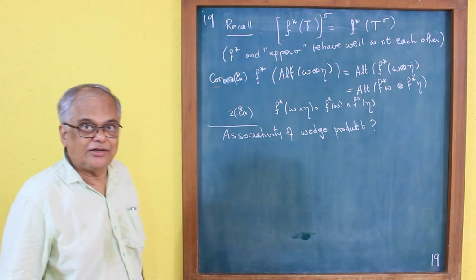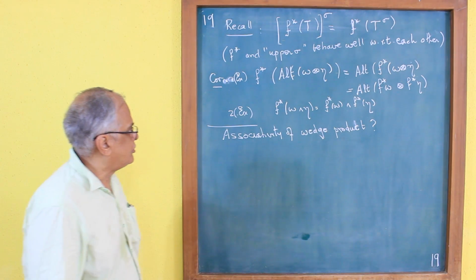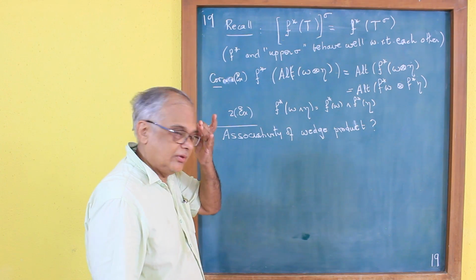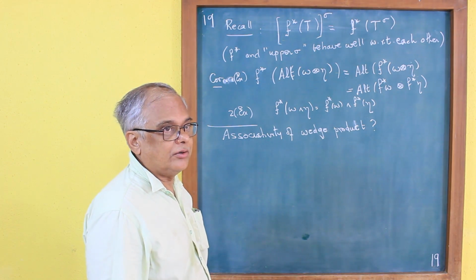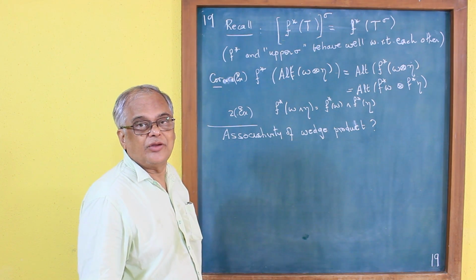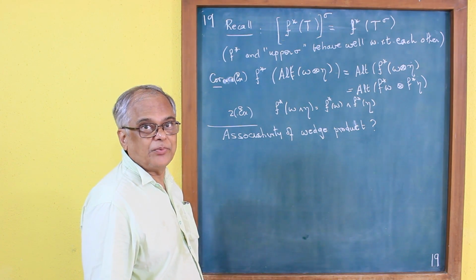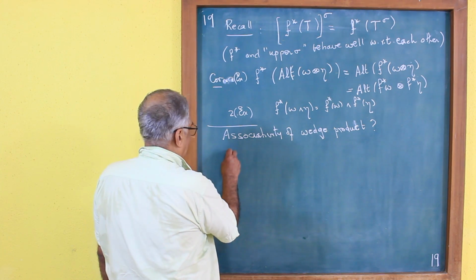And this product that we are defining had better be associative. So, how do you want to go about doing this? So remember now, when we are talking about an alt of something, an alt is summation over all sigmas in the corresponding permutation group. What are the permutation groups that we have?